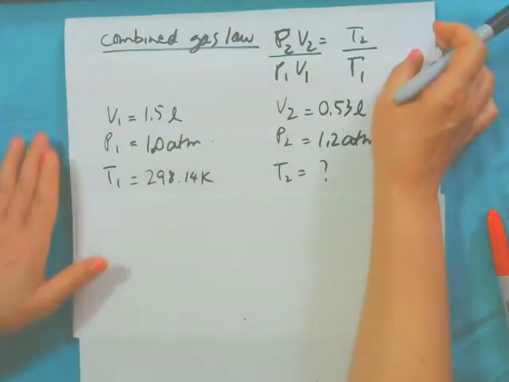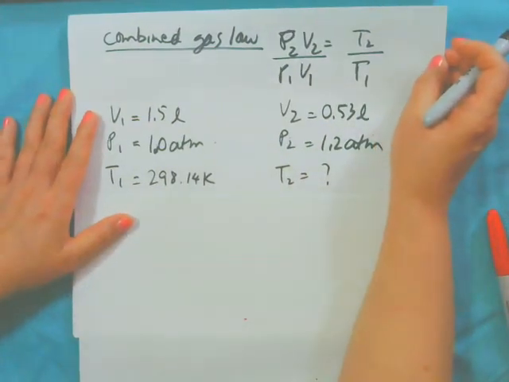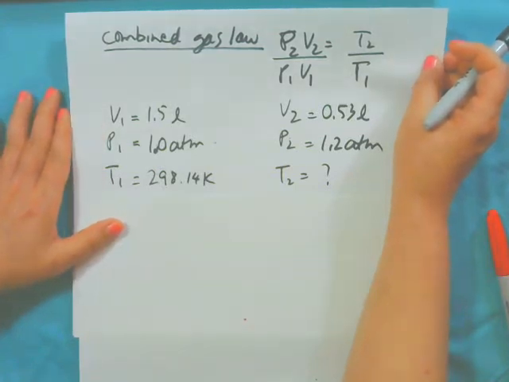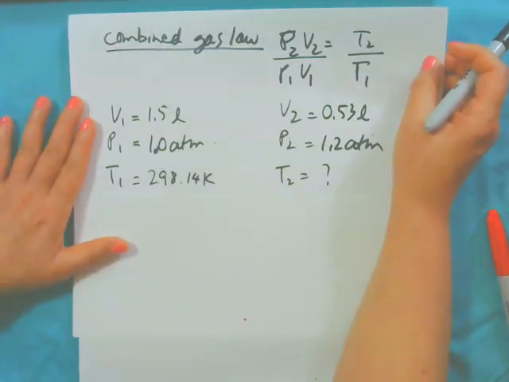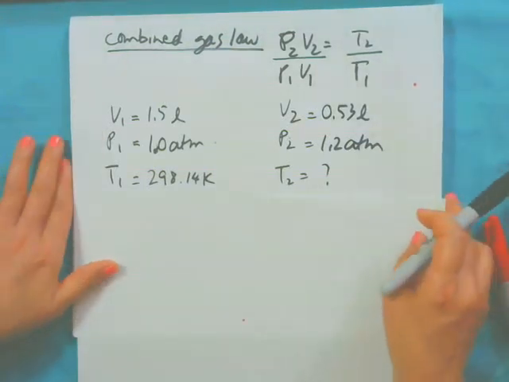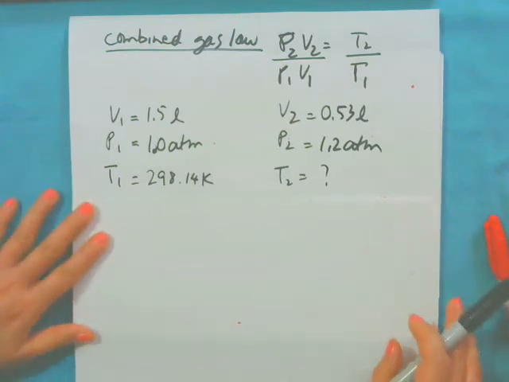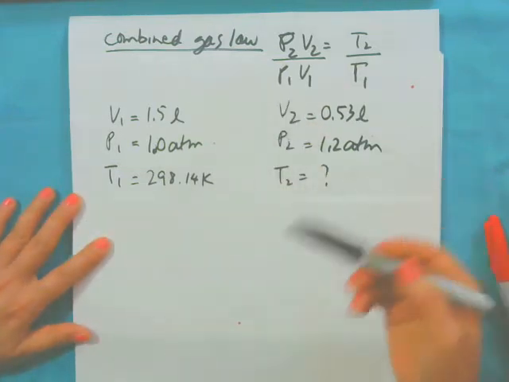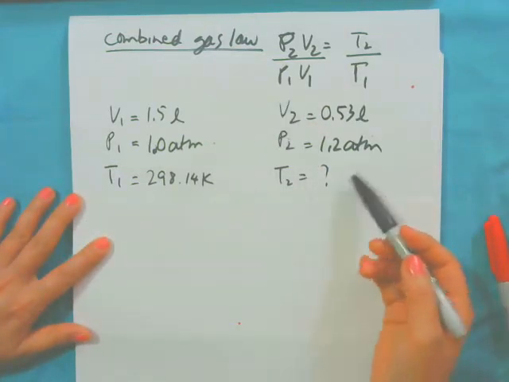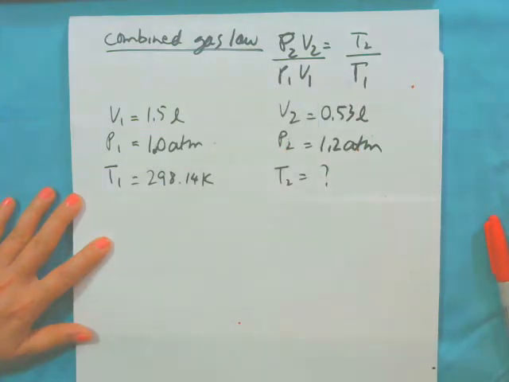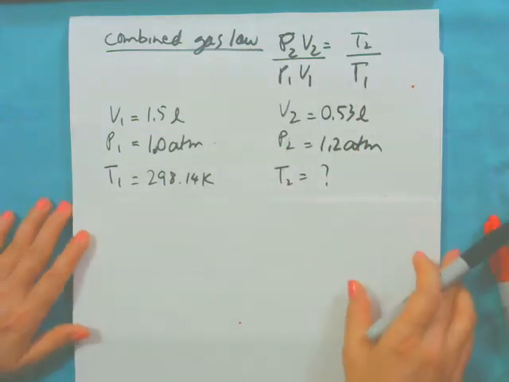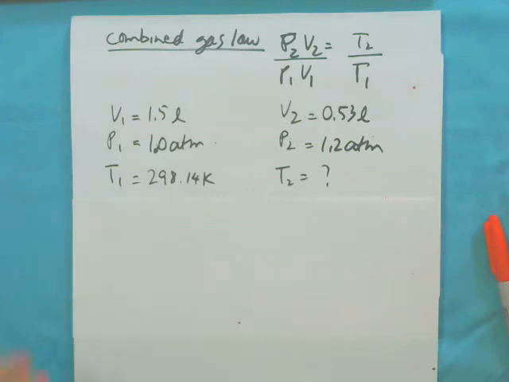But for the purposes of getting partial credit, go ahead and plug in. Because as long as you've plugged things in, you've essentially done all of the chemistry part of the problem, and then the rest of it is just algebra. Okay, so you get partial credit differently for doing the chemistry part as opposed to having the algebra done incorrectly. All right, so let's go ahead and plug in.